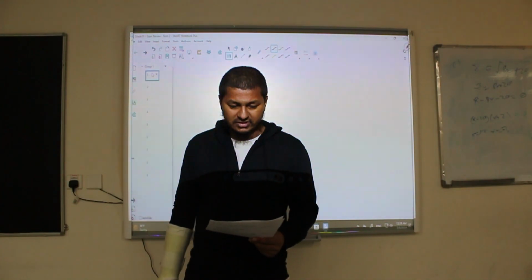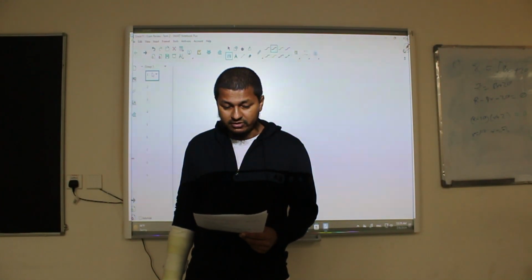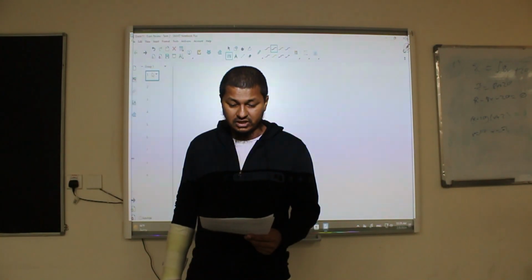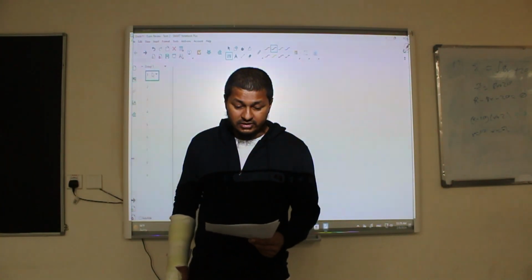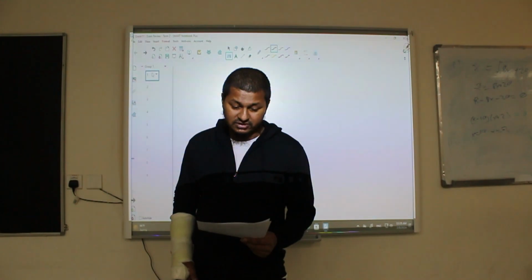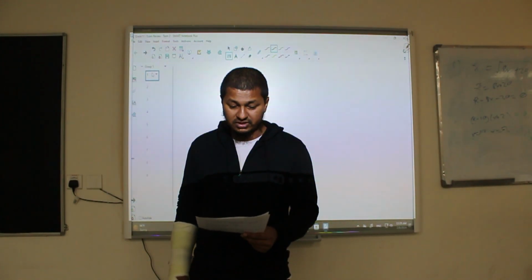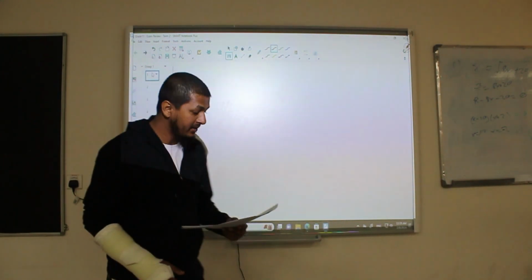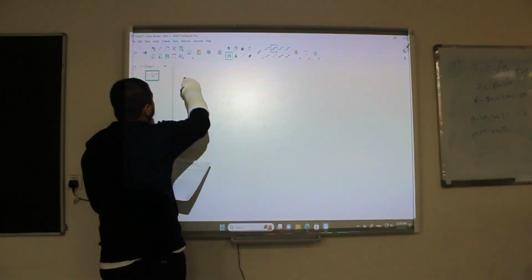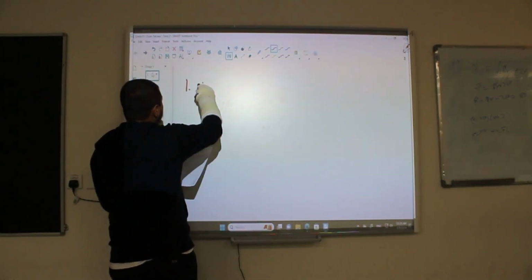Question 1 says, find the amplitude, the period, the range, and the frequency of the functions. The first function is f of x equals negative 2 sine 4x.